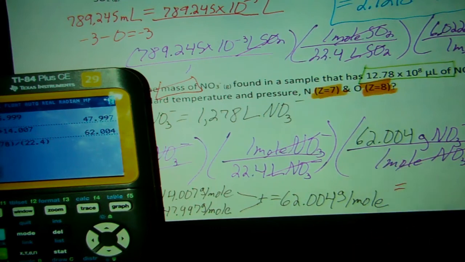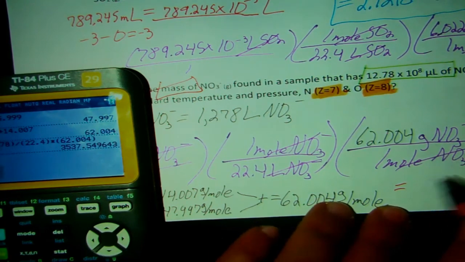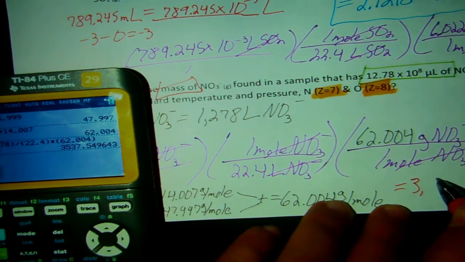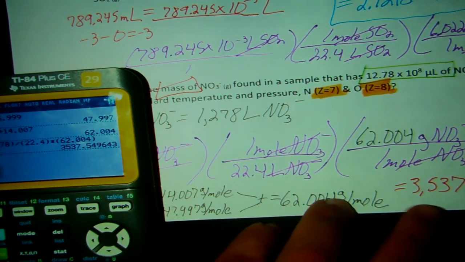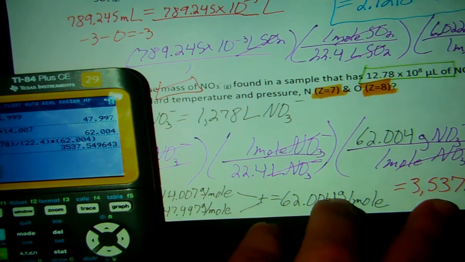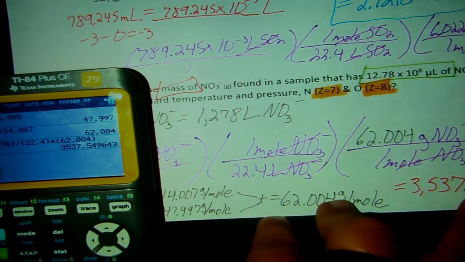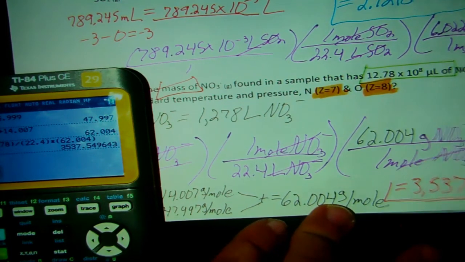Numerator, so I multiply 62.004. So we get 3,537.5496 grams of nitrate. Okay?